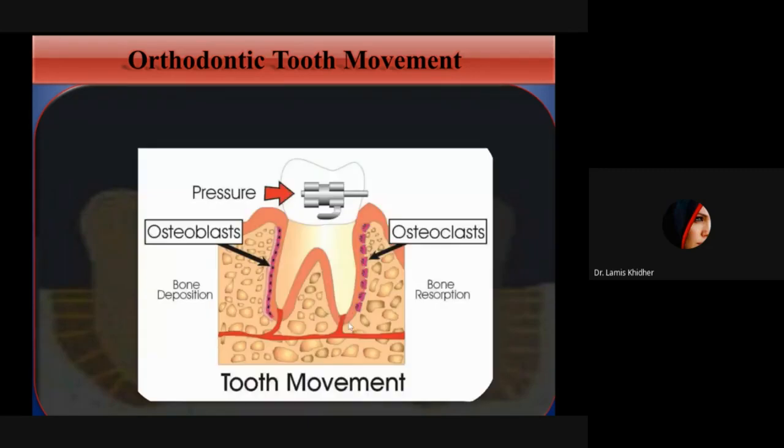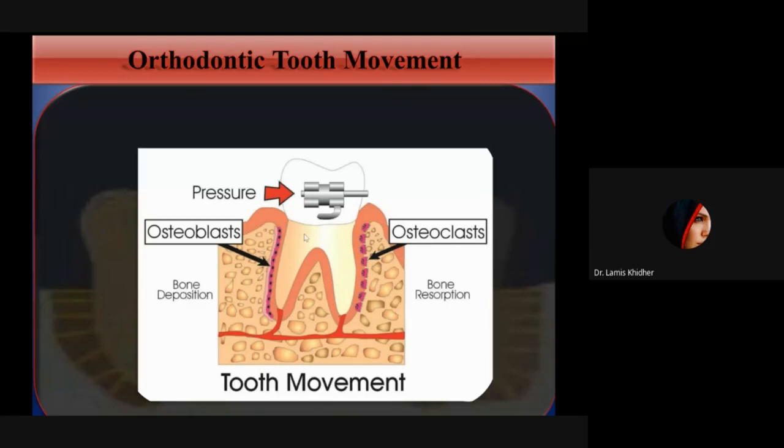So as a summary, you can see here, this is the pressure, which represents the force application in the fixed orthodontic appliance. So this side of the pressure or force application represents the tension side. On the tension side, the osteoblast cell will be activated and result in bone deposition.